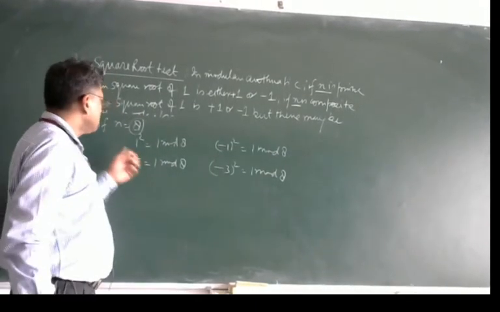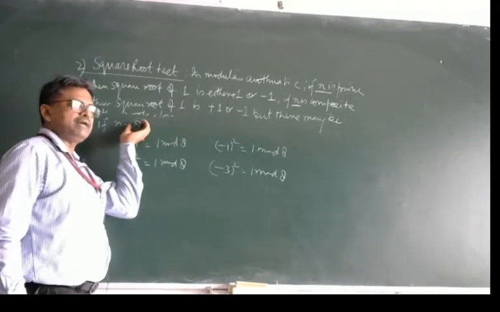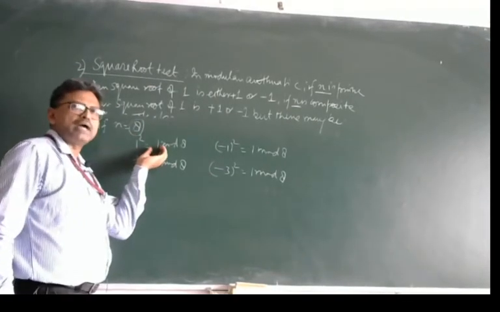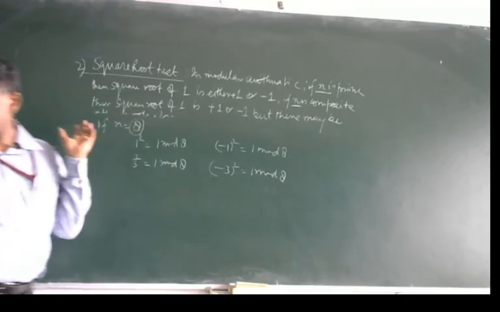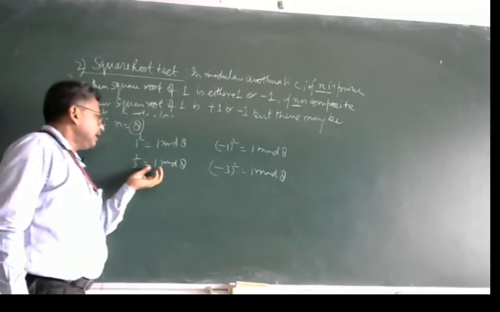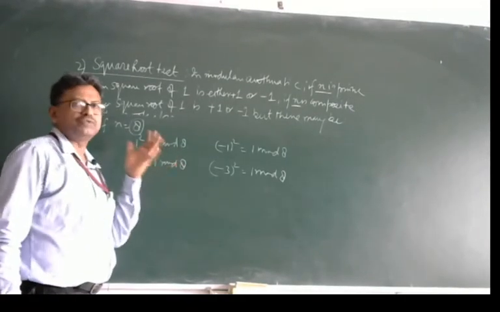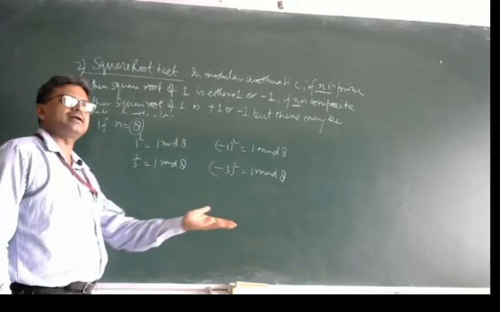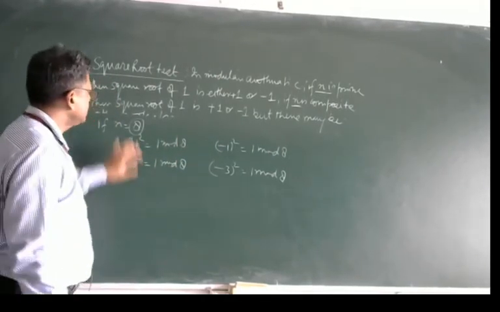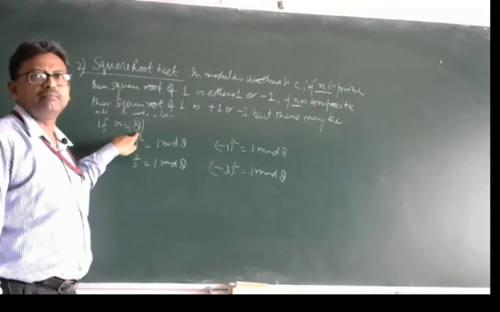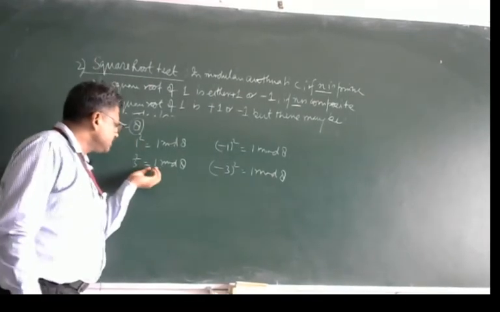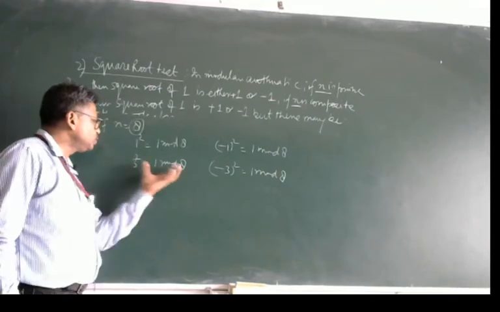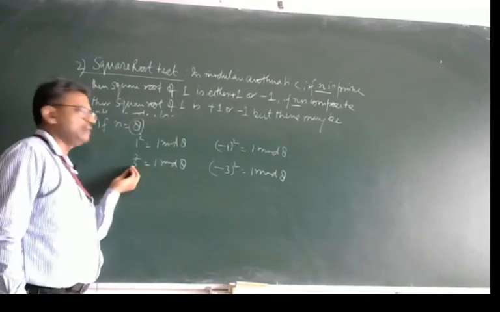Why? Because if this number is a prime number, whenever we take the square root of 1, it should come only as plus 1 or minus 1. If the square root of 1 is plus 1 and minus 1, and besides that there are some other roots, then in that case we can say that the number is not prime. Here, if we take the square root both the sides, the square root of 1 is coming as 3.